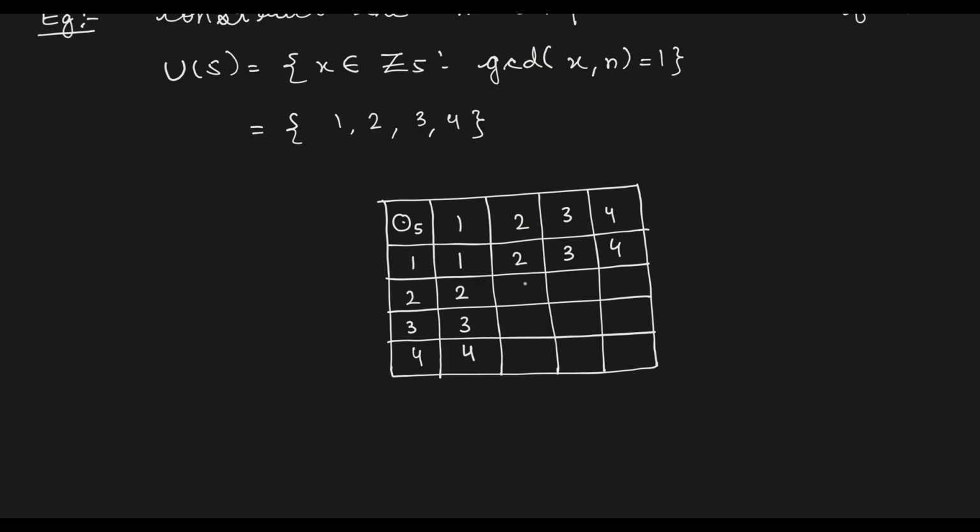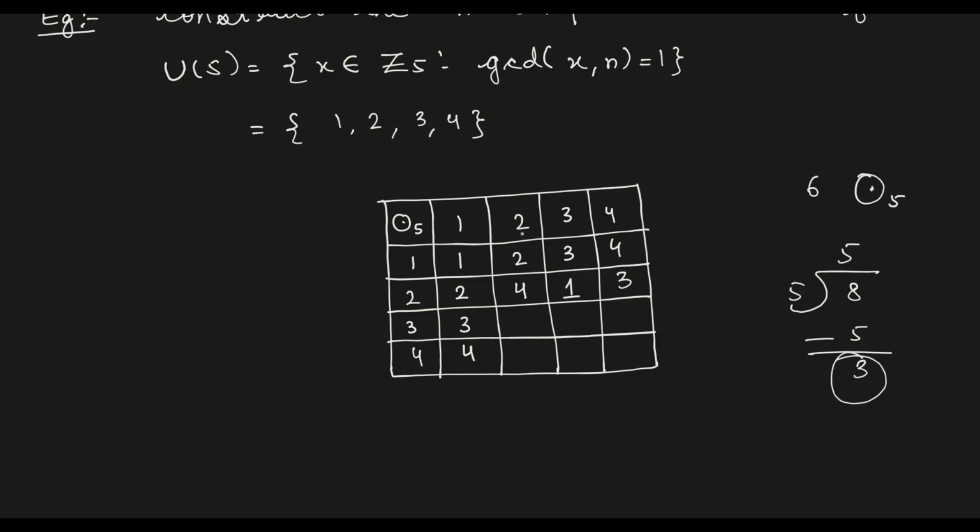Now 2 into 2, 4. 2 into 3, 6, and multiplication modulo 5, it will be 1. 2 into 4, 8, multiplication modulo 5, 3. Basically, I am dividing 8 with 5, and whatever remainder is left, this is my answer.